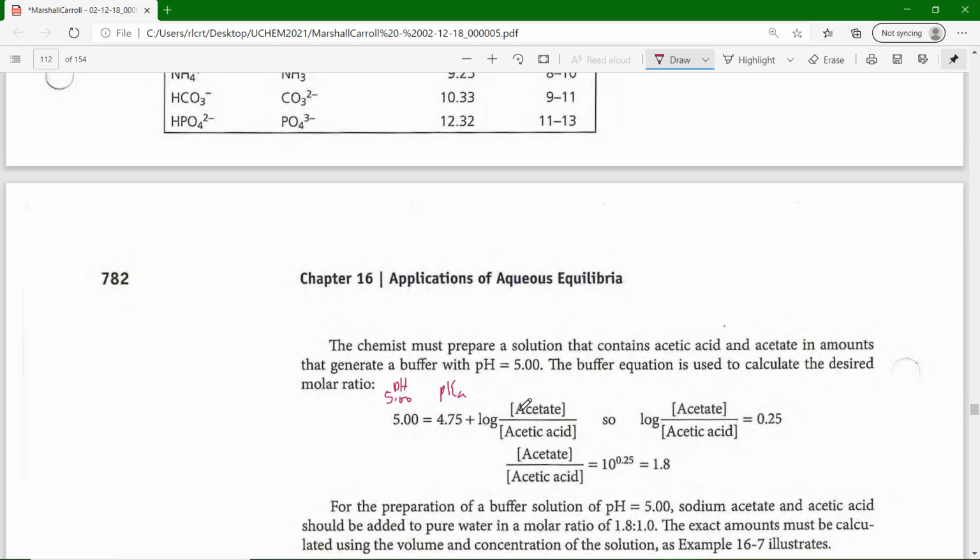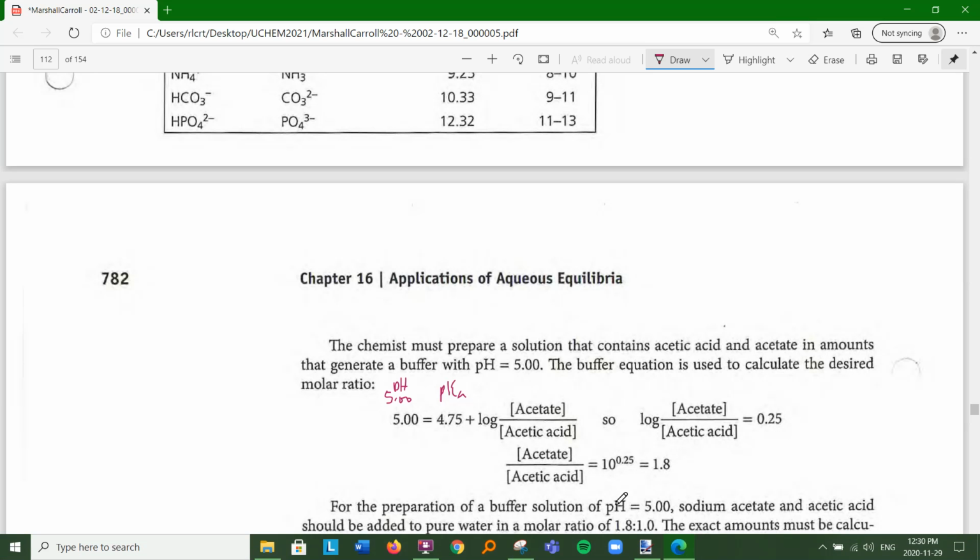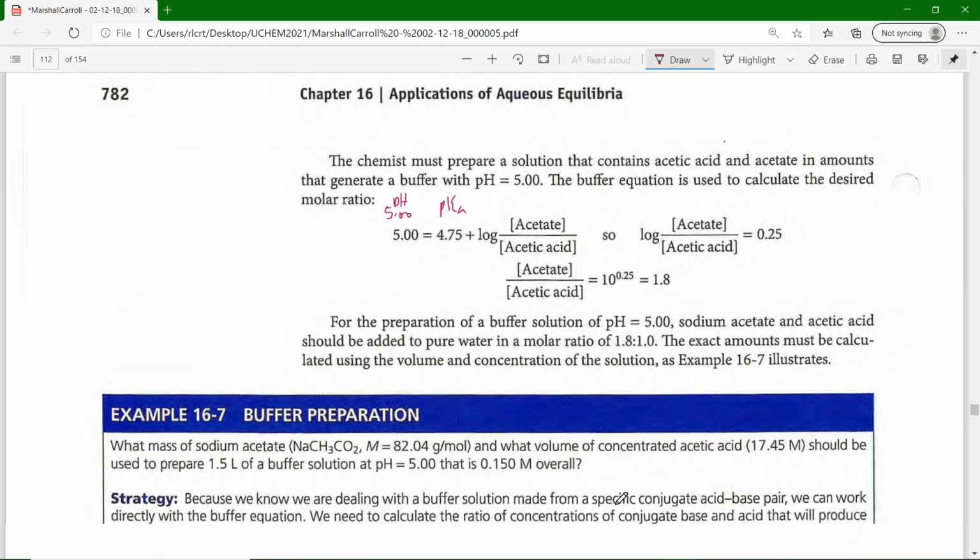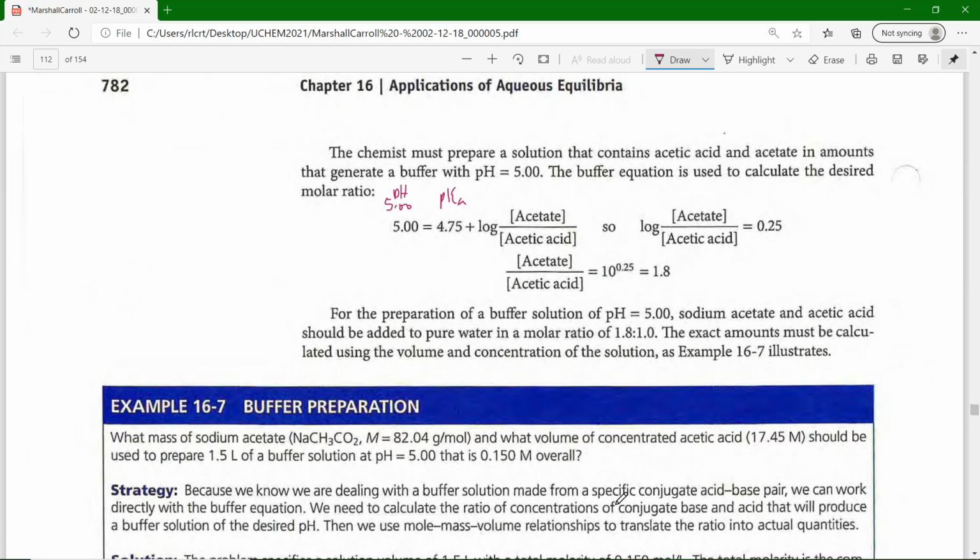I could do 5 minus 4.75, take the inverse log of 0.25, and get the ratio of acetate to acetic acid. So if you want to prepare a buffer with a pH of 5, sodium acetate and acetic acid should be added to the pure water in a molar ratio of 1.8, so 1.8 moles of the acetate for every 1 mole of the acetic acid.